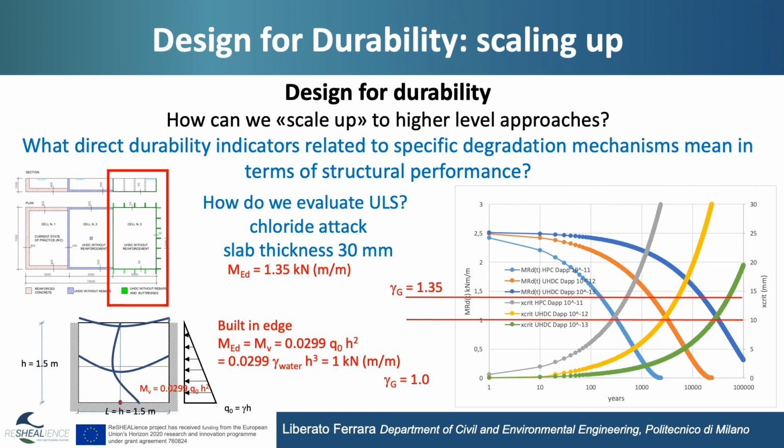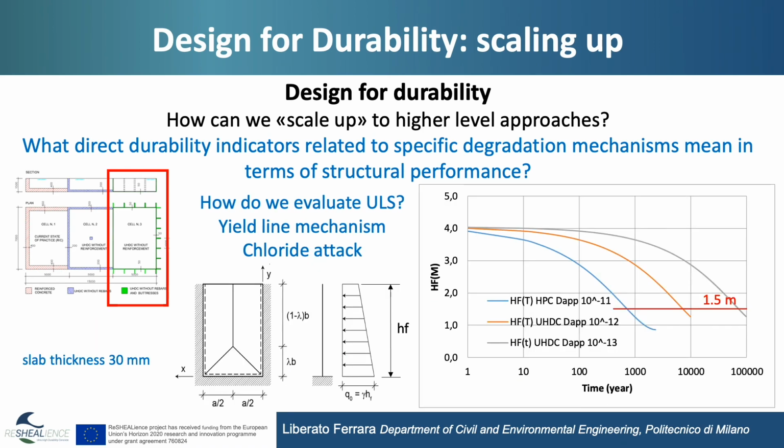So considering simply the maximum bending moment, or shall we make, for example, a yield line mechanism analysis, like in this case? Well, we did it. The slab thickness in this case is 30 millimeters, and we calculated when the maximum water height is equal to 1.5 meters, because it can be even higher, as you can see here.